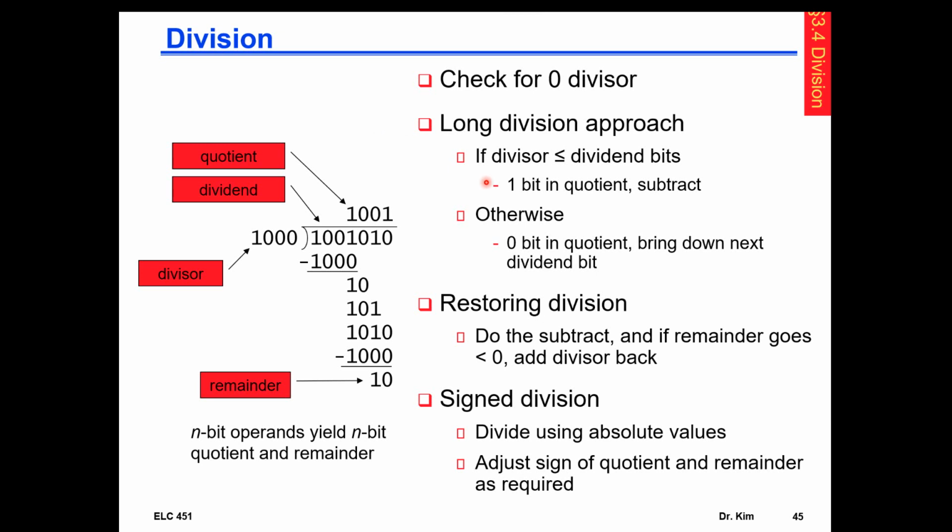If the divisor is less than or equal to the dividend bits, one at a time, we have 1 bit in the result, and we subtract. Otherwise, we put 0 bit in the result, and we look at the next bit in the dividend. That is the long division approach. That's what you do on paper.